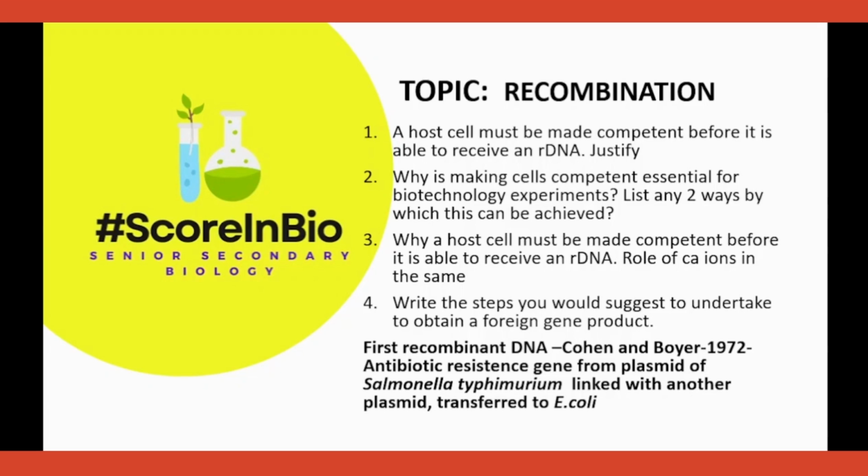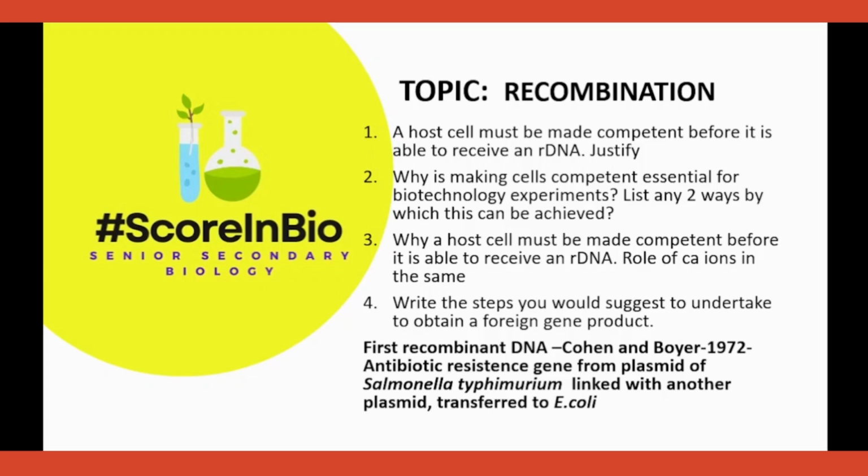Once you do that, the story is not over. You have to check for transformants using a selectable marker. Once you have that, what do you do? You go for either large scale production using bioreactors, or you do small scale production in the lab.